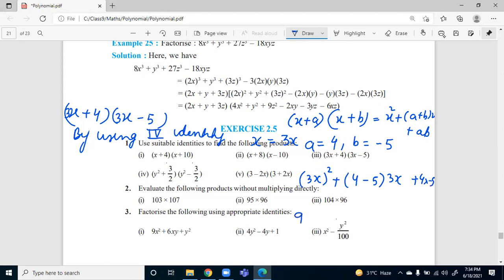So when we solve everything, we get 9x square, and it is minus 3x, not x, and minus 20. Rest of the terms are okay. So there the value of x we have to take as 3x. If we compare these two, then we get it.